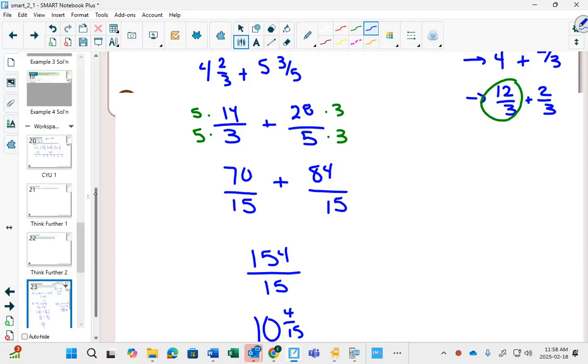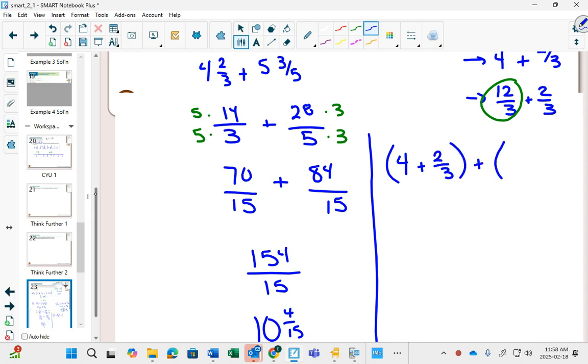So if I had 4 and 2/3, and I added 5 and 3/5, if I wanted to do this easier and I thought of it like that, well, 4 plus 5 is really easy to do. That's 9. And my 2/3 is really 10/15.